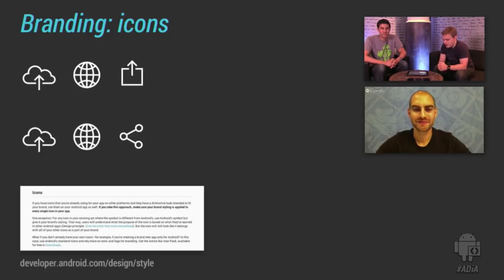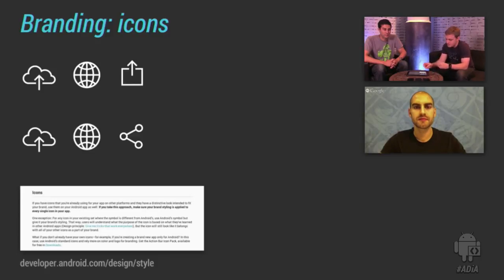So as part of this new Your Branding section, at the very bottom, you'll also notice the section on icons. Specifically, it talks about the distinction between visual styling and iconography, like the actual glyphs or the meanings of the icons.